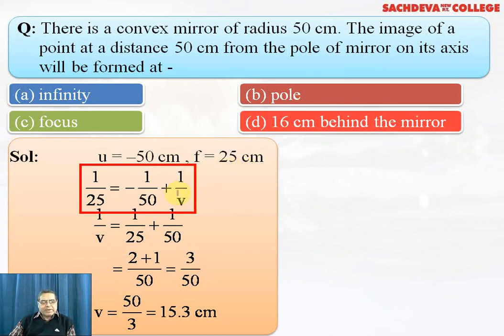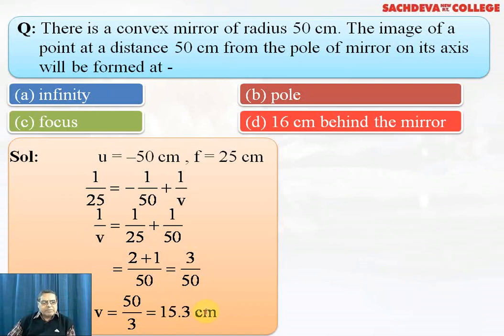So 1 over 25 is equal to minus 1 over 50 plus 1 over V. Here we have applied the mirror formula, and from this we have made V the subject of the equation, and V, calculated by computing the numbers, came to be 15.3 centimeters. So the right option, that is V, will be 15.3 centimeters, that is 16 centimeters behind the mirror.